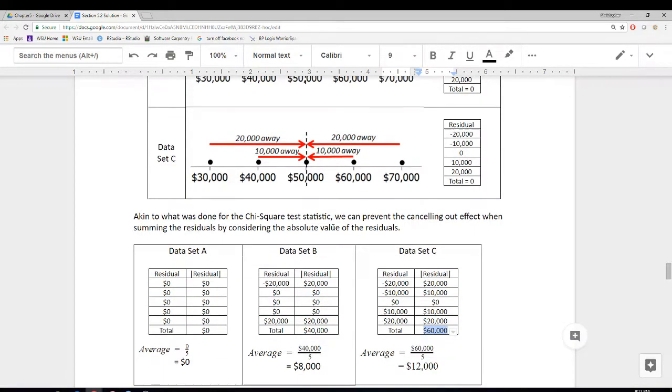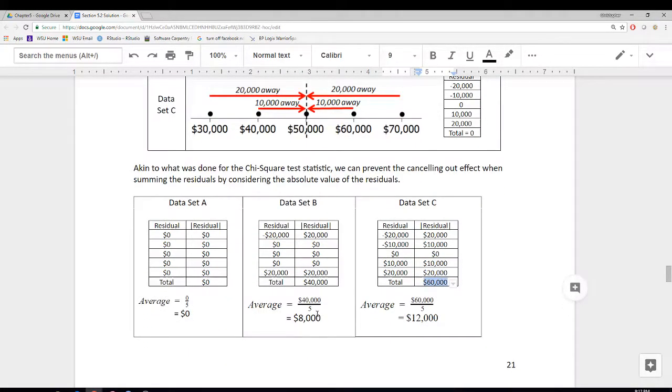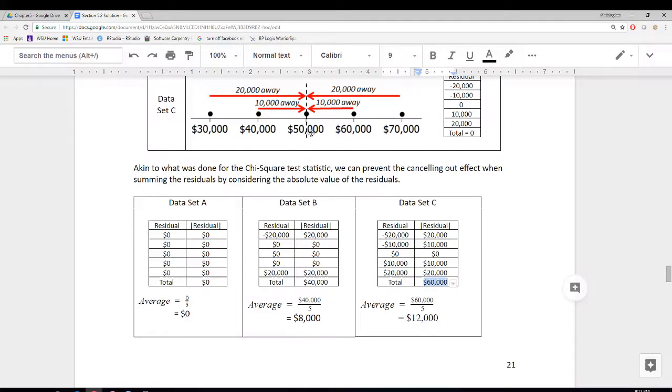So let's just recap here. For data set A, I'm 0 away from the middle on average. Data set B, I'm 8,000 away from the middle on average. And data set C, I'm about 12,000 away on average.